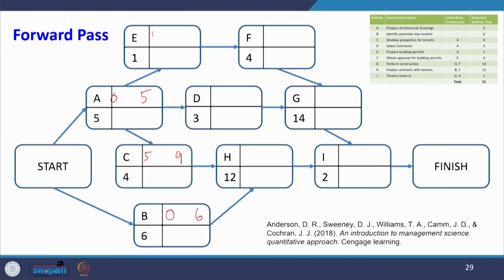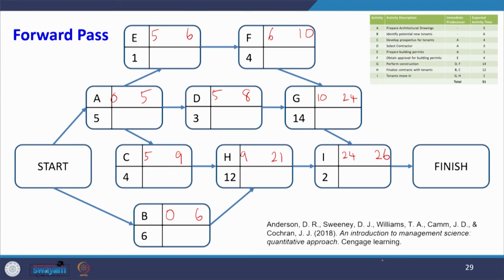Here 5 plus 1 is 6. Then 6 plus 4 is 10, and here 5 plus 3 is 8. The larger one is 9 plus 12, which is 21. Here, the larger between F and D is 10, so it's 24. Between 21 and 24, 24 is the larger one. So, 24 plus 2 is 26.